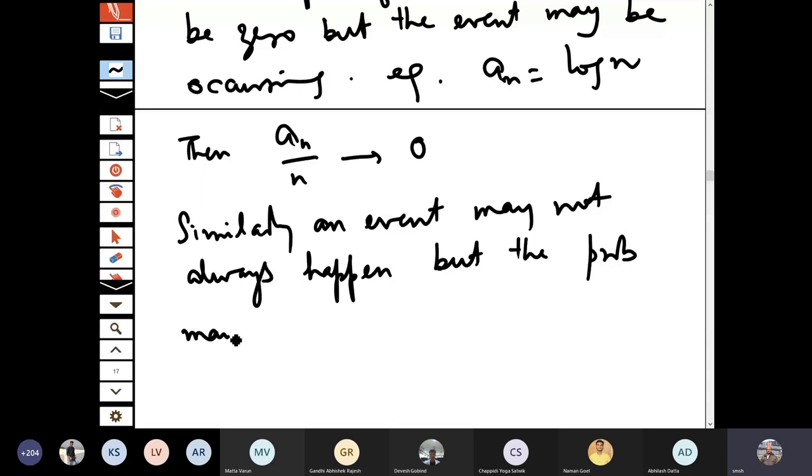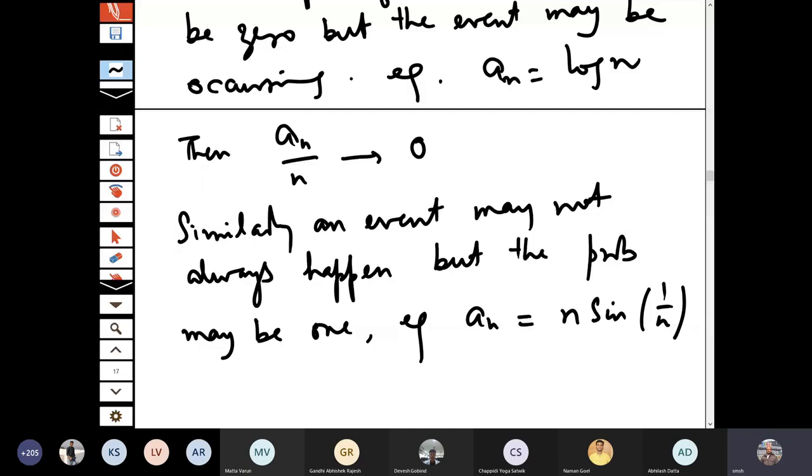For example, a_n equal to n sine 1 by n. So these are just two examples where it is not satisfying the thing. Anyway, this is considered a practical method of evaluation of probabilities.